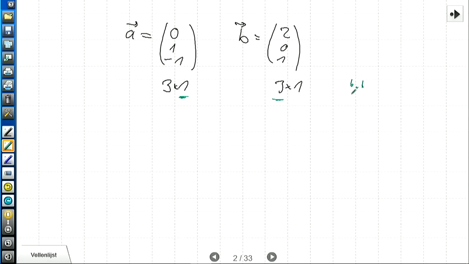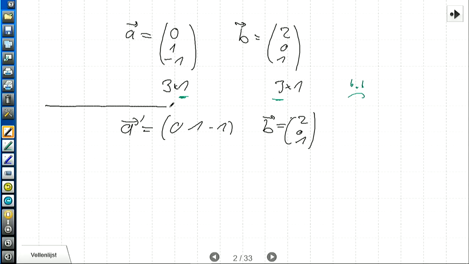However, if I take the transpose of A, which you have learned about, it means I just interpret A now as a row vector and leave B as it is. Now I have a new problem, right?